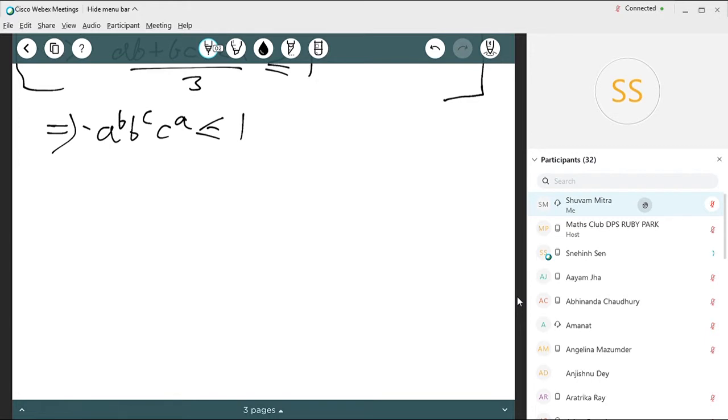But when you have things like a variable raised to the power of a variable, sometimes weighted AMGM is your only option to make it easy. You can also do stuff like rearrangement, but then it would require logarithms, and let's not deal with it right now. I'll come to the rearrangement inequality today if time permits later on.